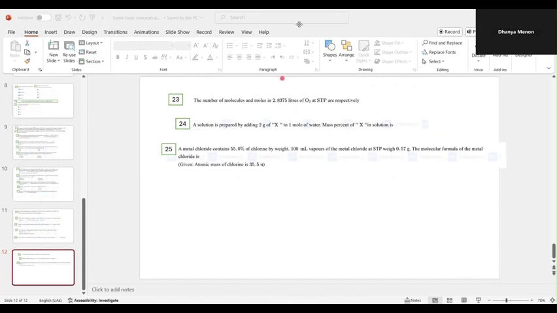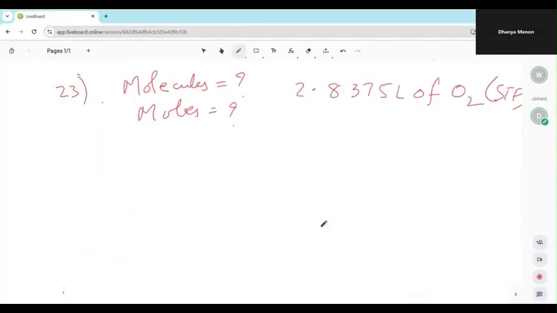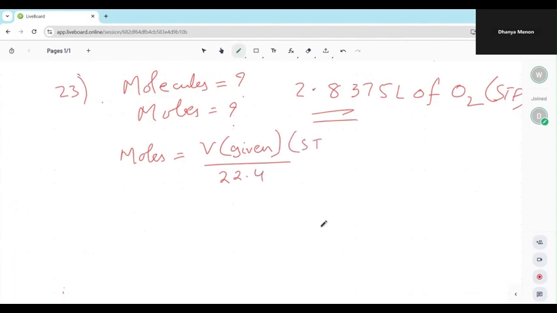Now, students, here we already know you can find out the number of moles from the volume given by the molar volume. It is nothing but 22.4. This should be at STP. Clearly, it is mentioned STP.